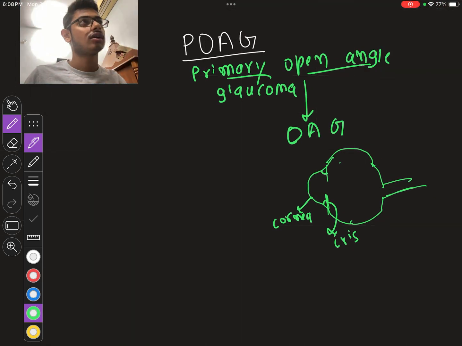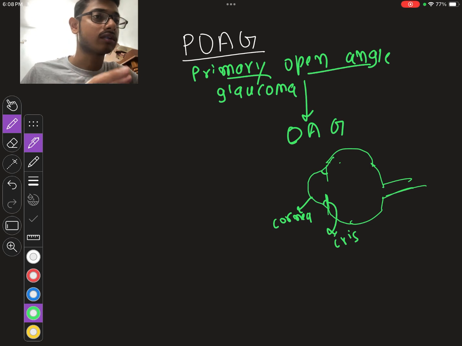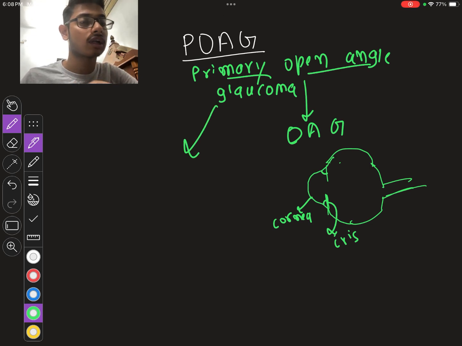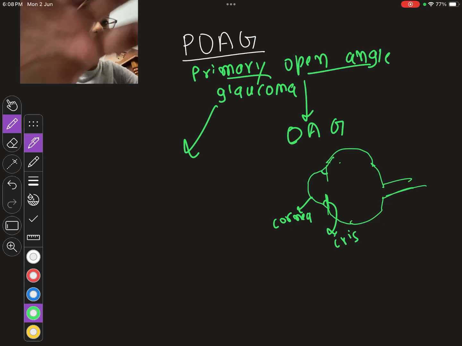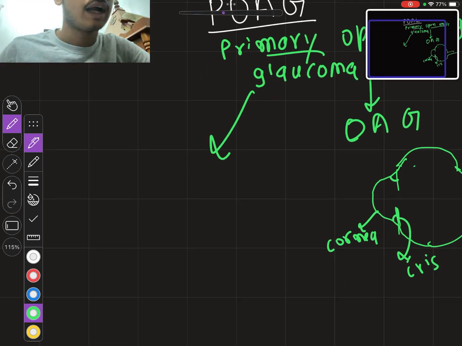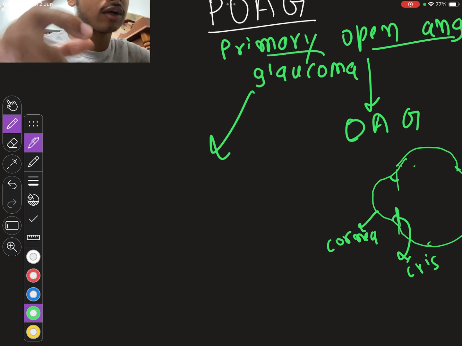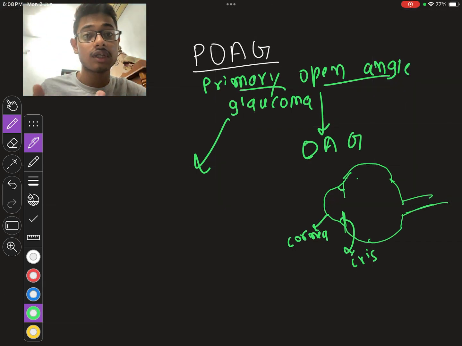But how can we basically define open angle glaucoma? The basic thing we use to diagnose or define it is that such patients are asymptomatic, you may even think it is a normal patient, but yes, it is primary open angle glaucoma.